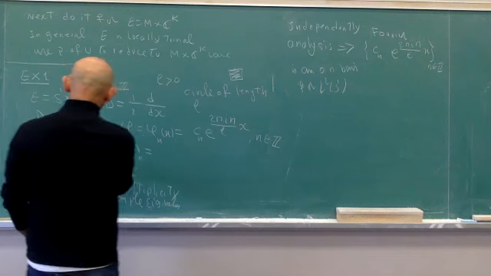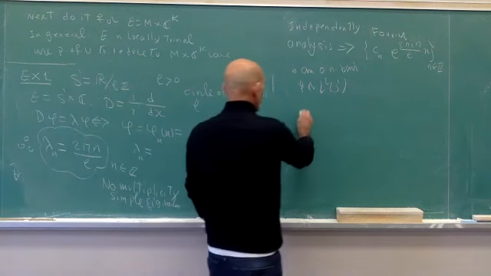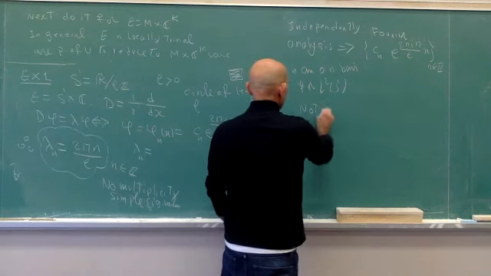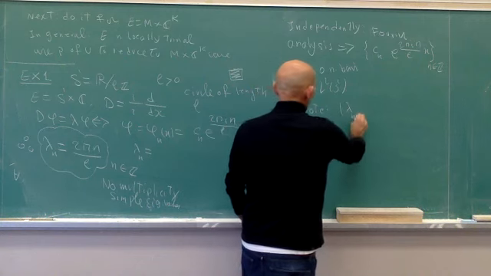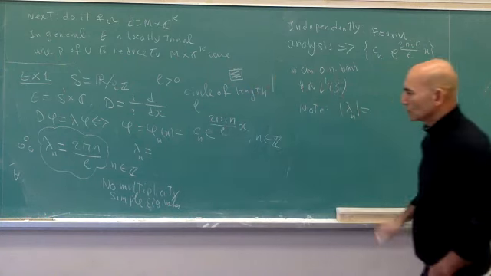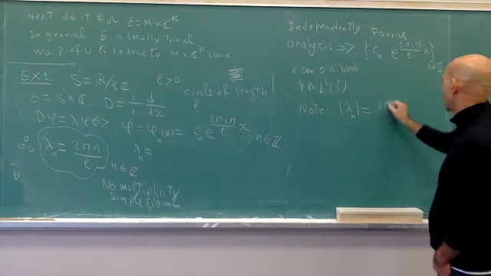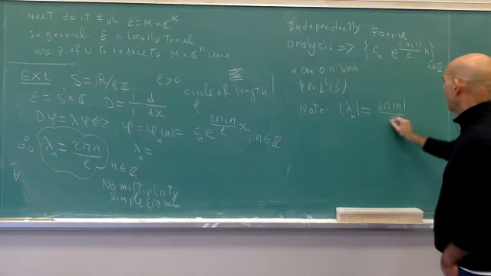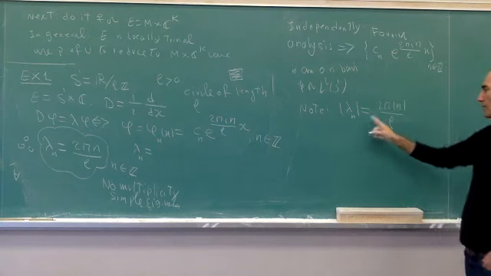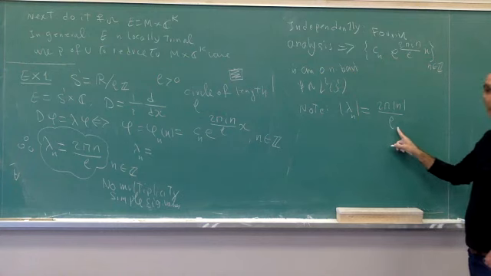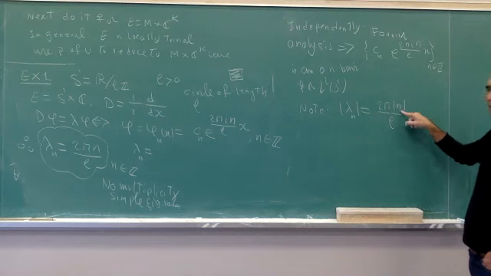But this is even much better, actually. Note that the value of lambda n is equal to 2 pi absolute value of n over L. So the eigenvalues are inversely proportional to the length of your manifold, or volume of the manifold, and they are growing linearly with respect to the index.